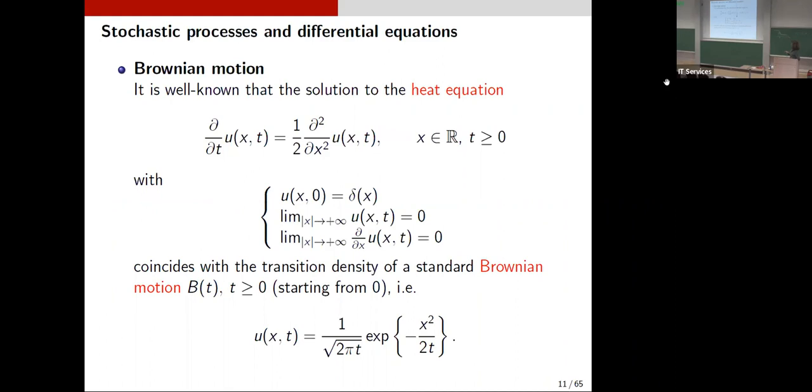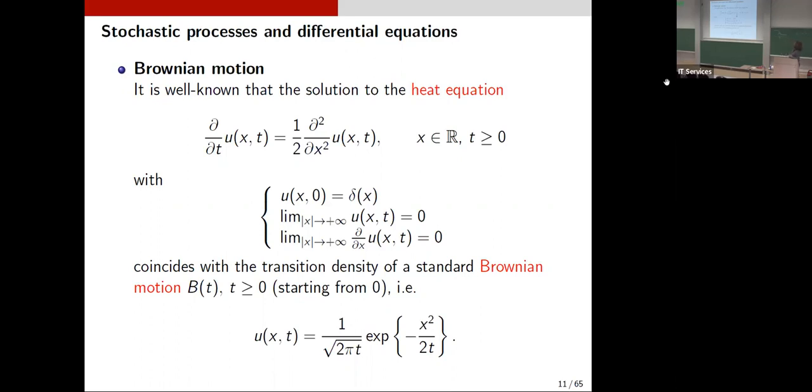So we start with a very basic model, which is the model that you know very well, the Brownian motion, probably the easiest, the most important process. In particular, I will restrict only to the one-dimensional case.